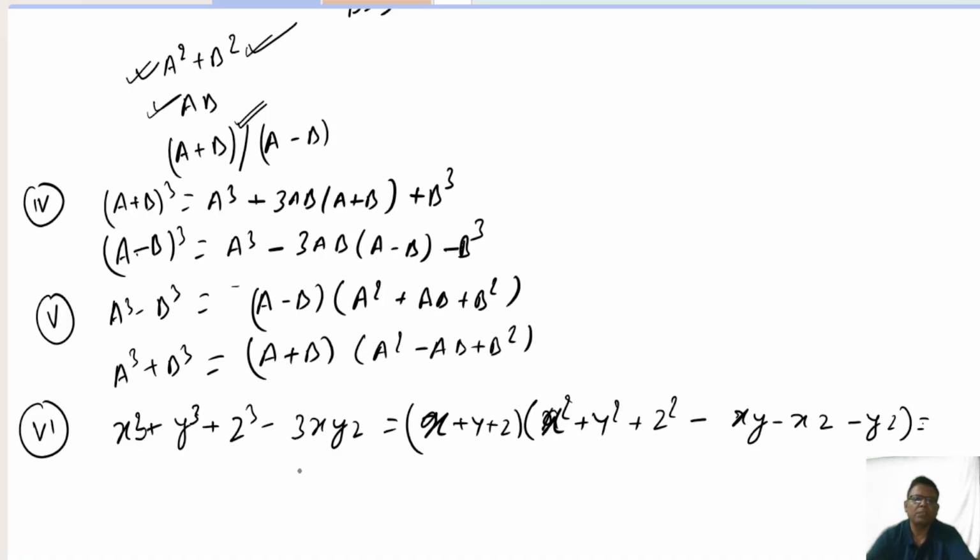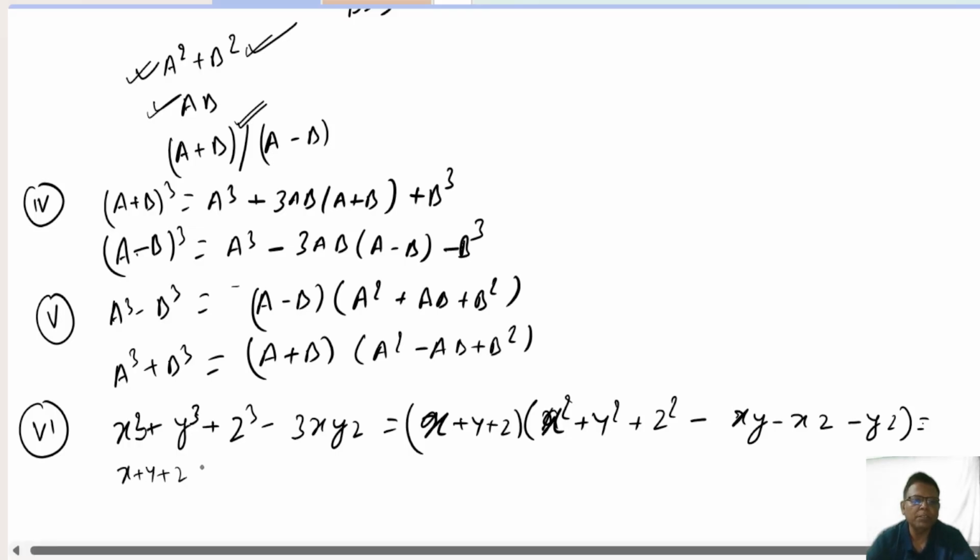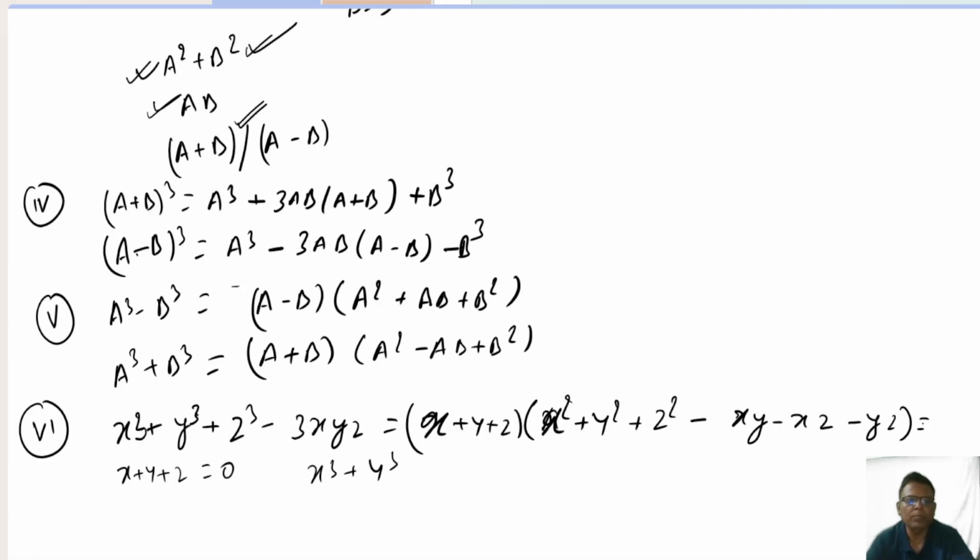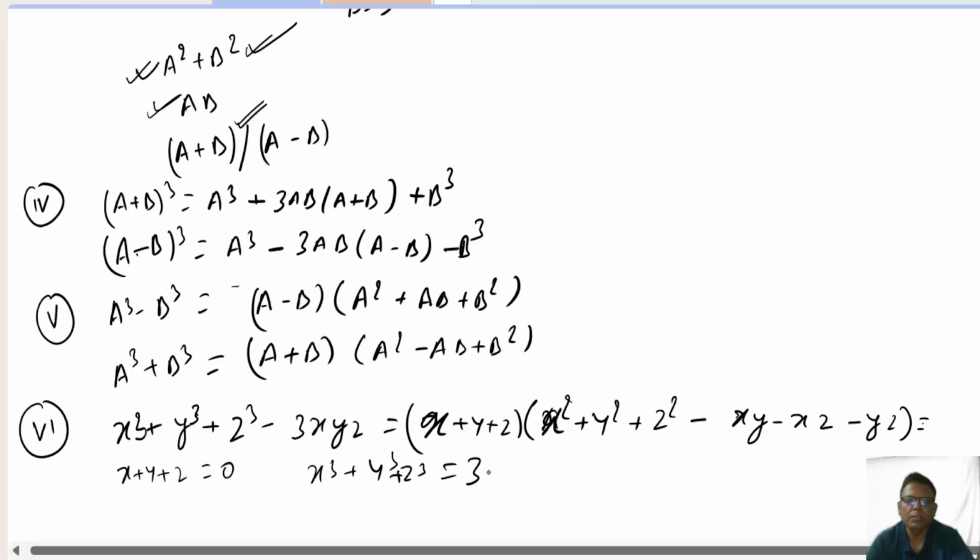So this gives a very interesting result. Suppose x plus y plus z is equal to 0, then x cube plus y cube plus z cube is equal to 3xyz. So let us do one question on this.